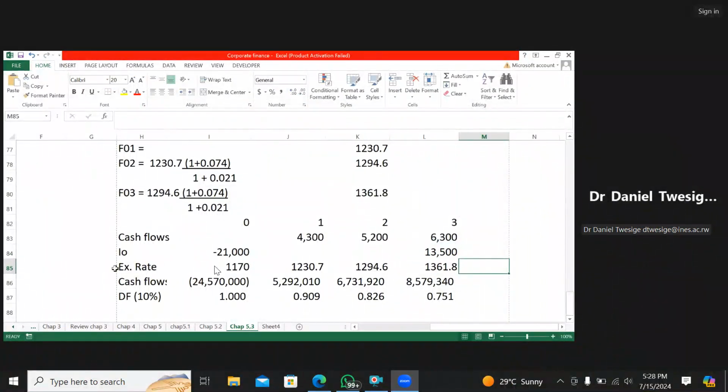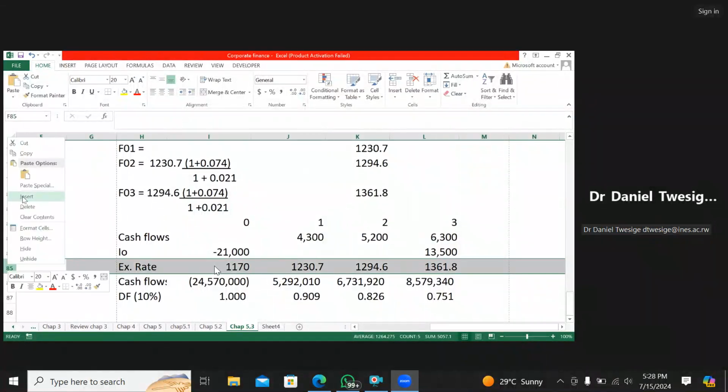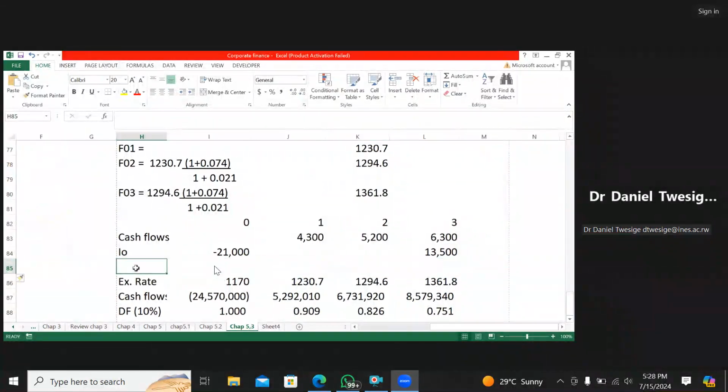I think I can add a column here, because this is my net cash flow.